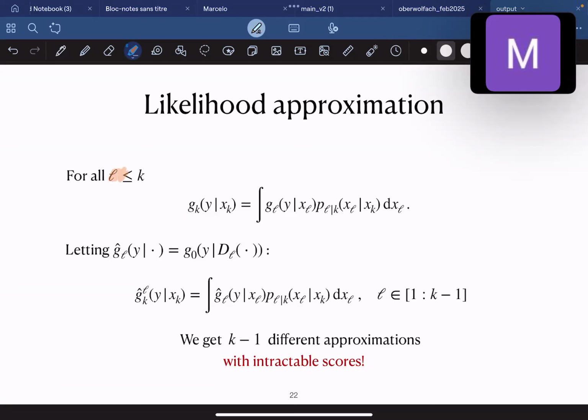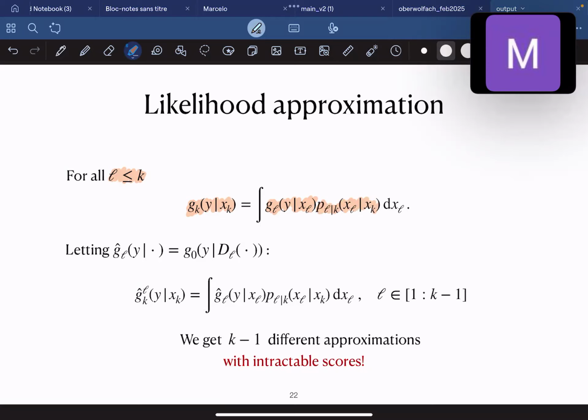For any l smaller than k, you can always express g_k, the pseudo-likelihood at stage k, as the integral of the pseudo-likelihood at stage l, times the conditional density of my original pre-trained model of x_l given x_k.